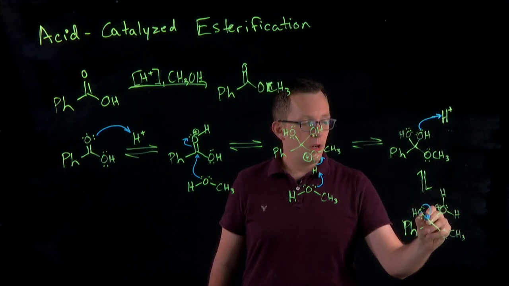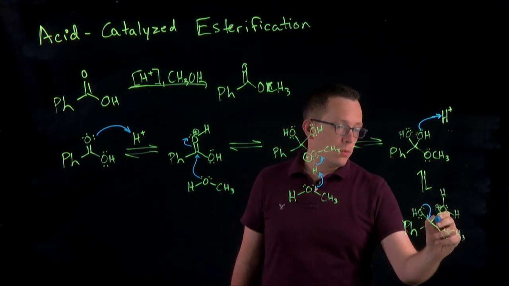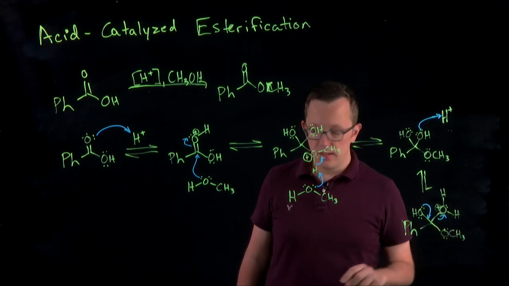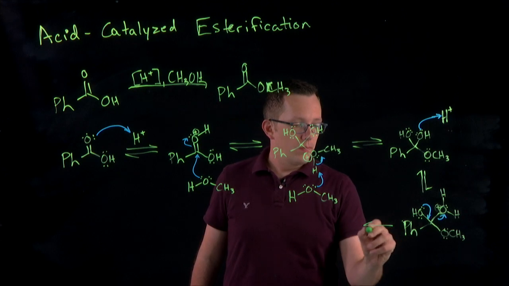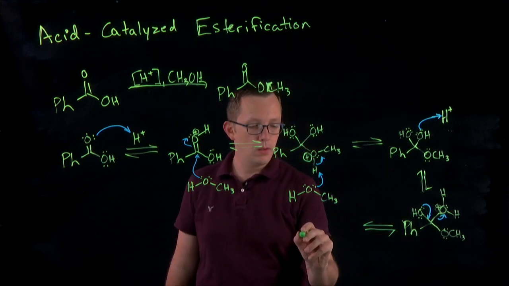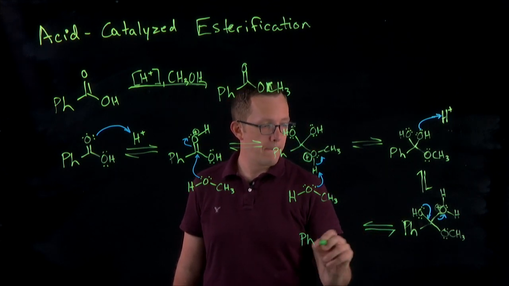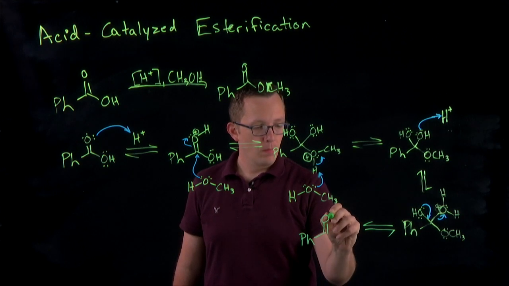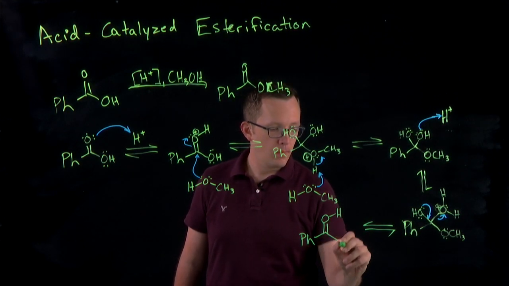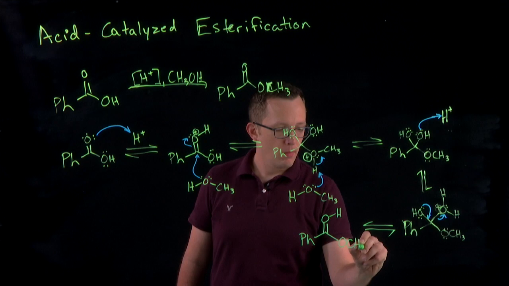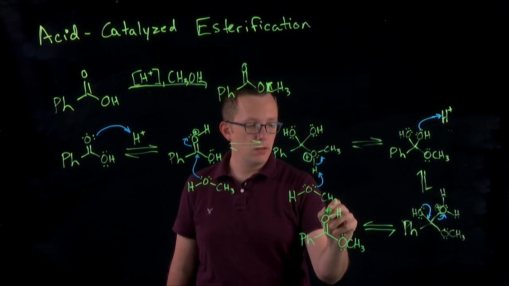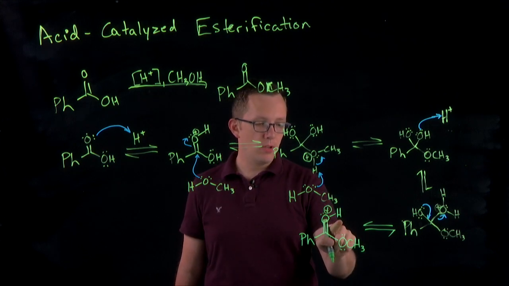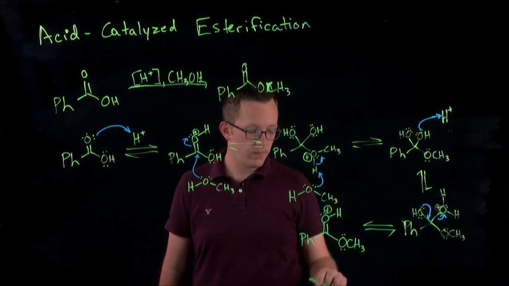We'll take that lone pair and push it downwards, and then push water off as a leaving group. So our next intermediate will be a protonated ester structure with an extra hydrogen at this position.